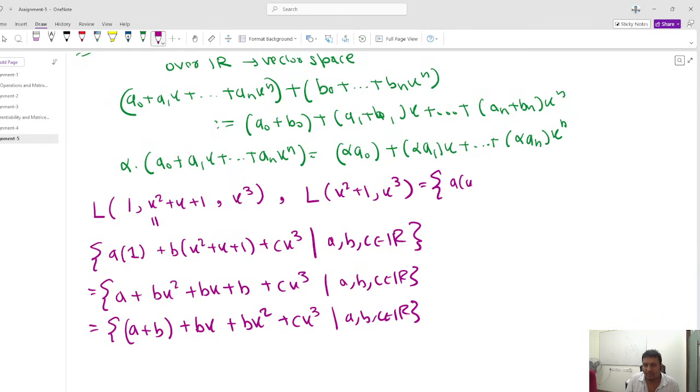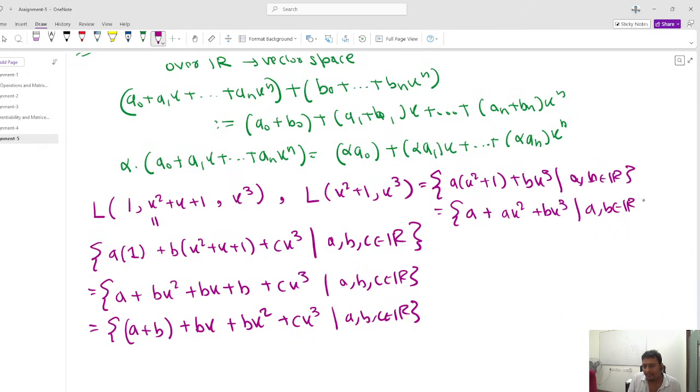This will be a(x^2 + 1) + bx^3, where a, b are in R, right? So it is a + ax^2 + bx^3, where a, b are in R.